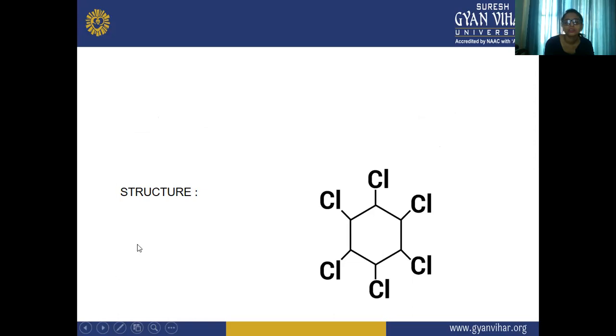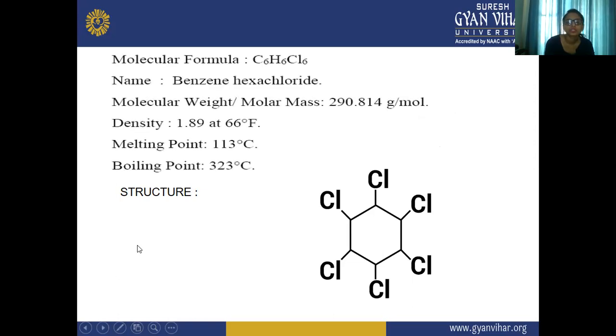So here is the structure, and the molecular formula of benzene hexachloride is C6H6Cl6. Here you can see the carbon is 6, hydrogen is also 6, and the chlorines are also 6. That is why it is known as benzene hexachloride.